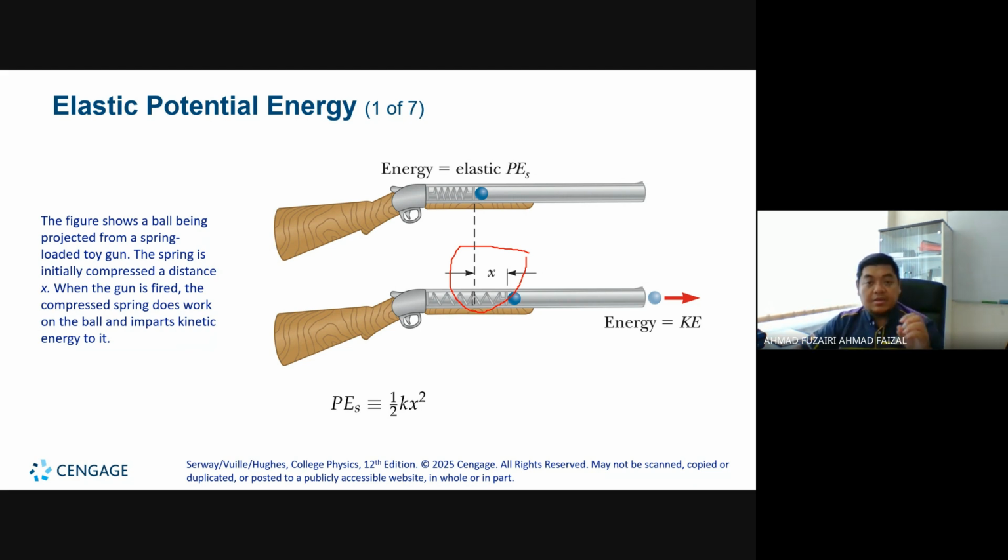That means the elastic potential energy of the spring is released as kinetic energy. As we know, the elastic potential energy of the spring is half kx squared, where k is the spring constant and x is the elongation or compression of the spring.